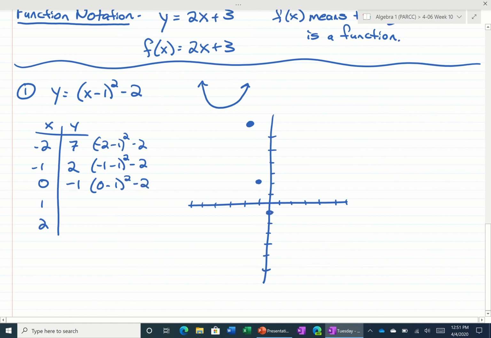So 0 would be -1. If we plug in 1, 1 minus 1 is 0. Squared is 0. Minus 2 is -2. So 1, -2 is right here. And then if we plug in 2, 2 minus 1 is 1. 1 squared is 1. Minus 2 is -1. So 2, -1 would be right here.